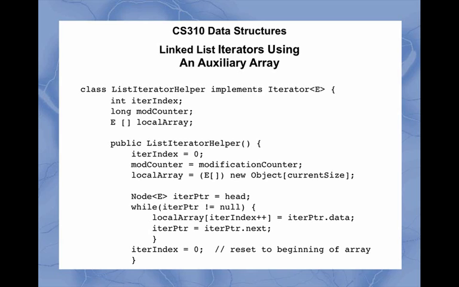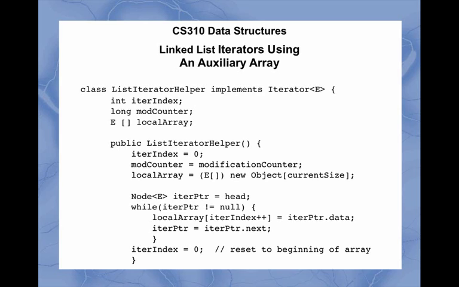Here's an example of using an auxiliary array with a linked list. So this is the situation where the order of the linked list is not what's needed for the iterator. In a case like this, you must create an auxiliary array and fill it in. So this is what's happening in the constructor for this list iterator helper.